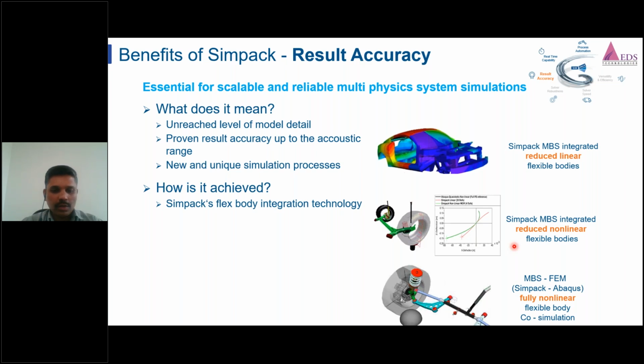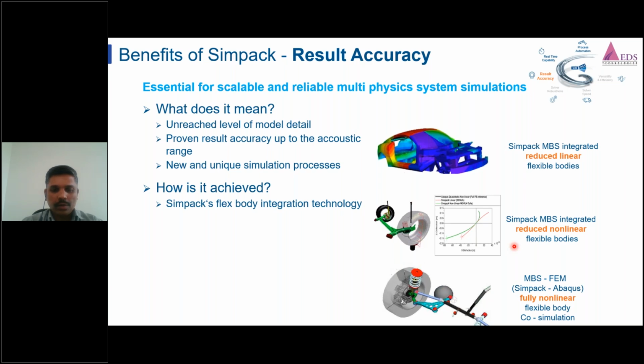And in addition, we have a very innovative and accurate new approach to consider MBS integrated reduced non-linear flexible bodies. For instance, this might be used for components like twist beam suspension, where there is a significant geometric non-linearity.